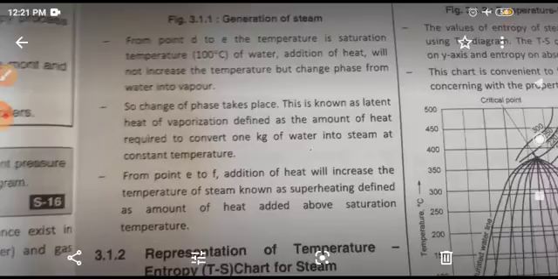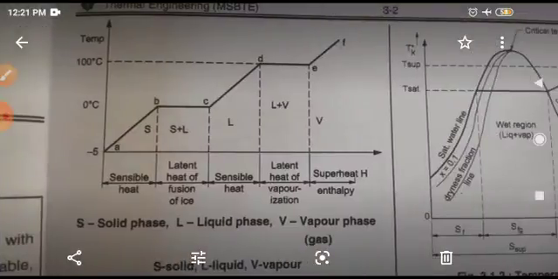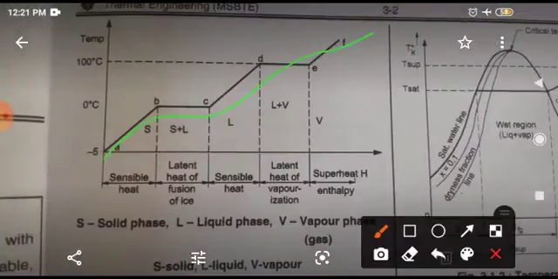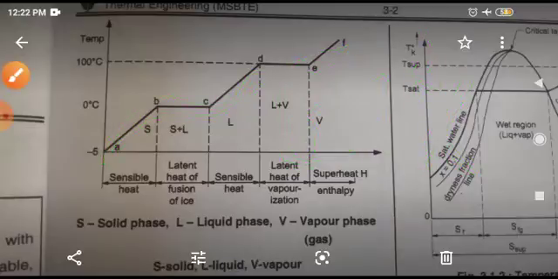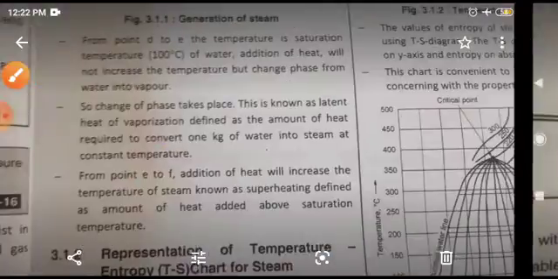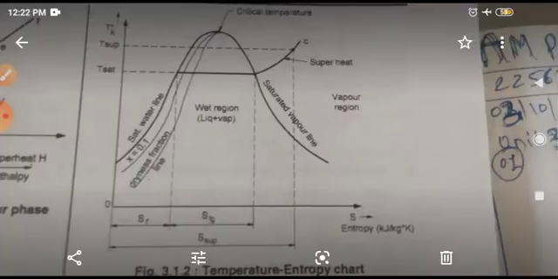One more thing I forgot to tell you: for drawing this diagram we have taken ice in the container at atmospheric pressure. This experiment was performed at atmospheric pressure, because you will observe changes with change in pressure, so that's why I told you this.